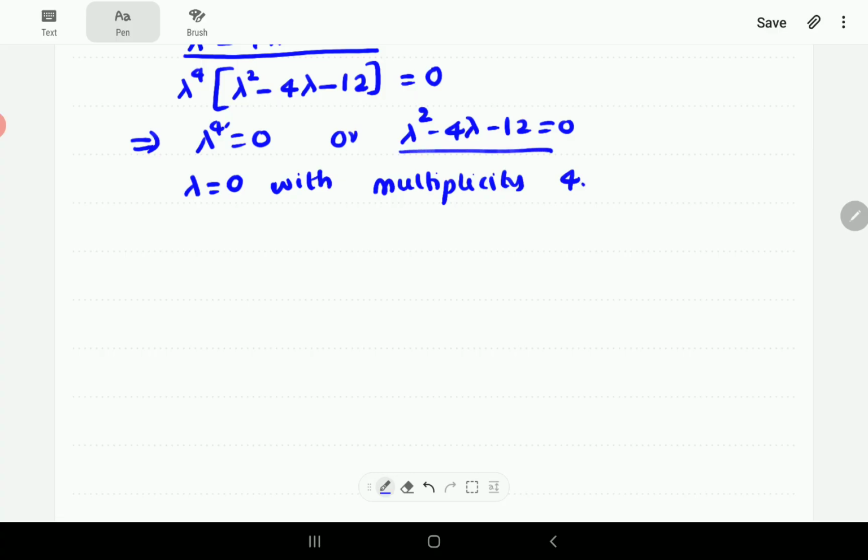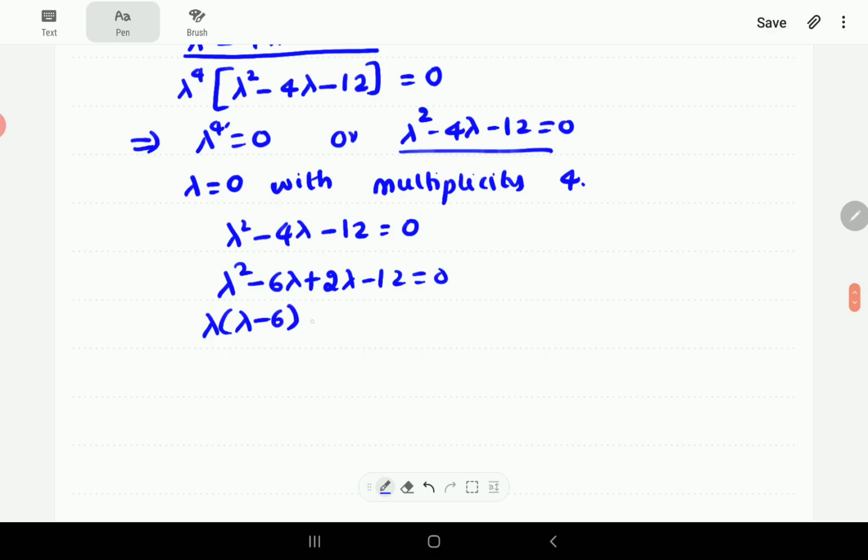Now again, taking this equation, we have lambda square minus 4 lambda minus 12 equal to 0. After factorization, lambda square minus 6 lambda plus 2 lambda minus 12 equal to 0. Taking lambda out, it is lambda minus 6 here, plus 2 out, it is lambda minus 6 here. So you get lambda minus 6 and lambda plus 2 equal to 0.